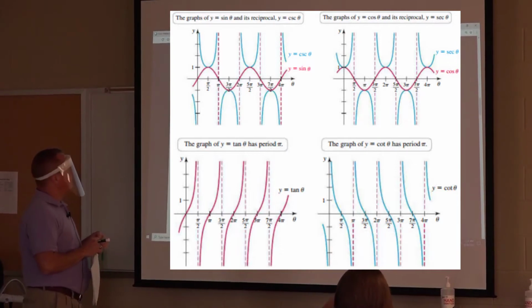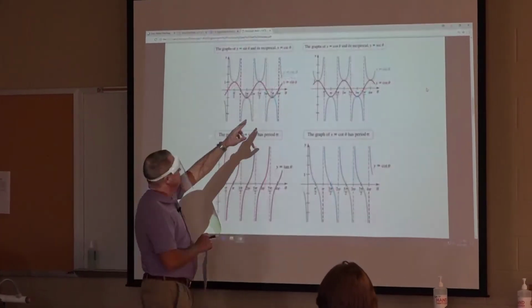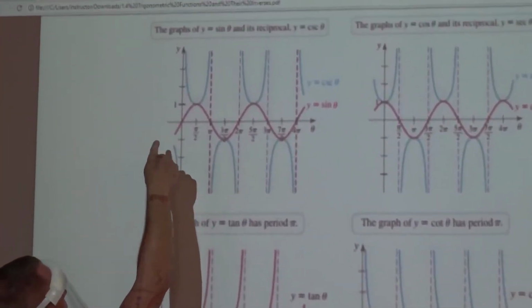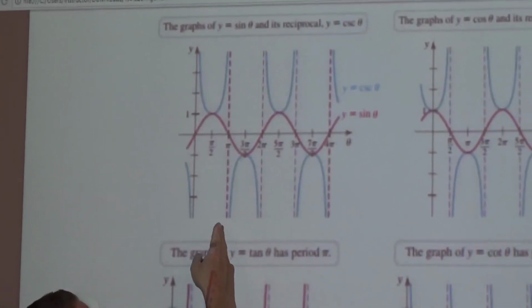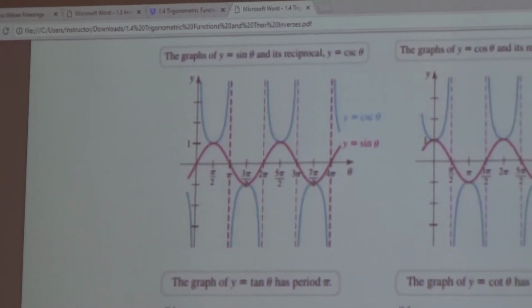Okay? Now, they're reciprocals. So like the reciprocal of sine is cosecant. So if you think about where this sine graph goes, everywhere that it crosses the x-axis, you have a vertical asymptote.